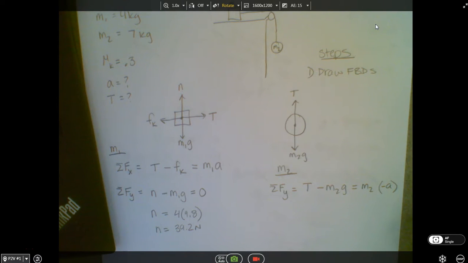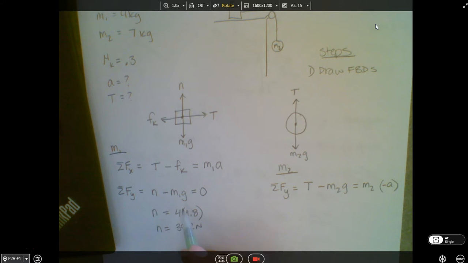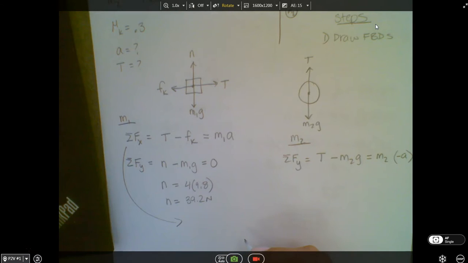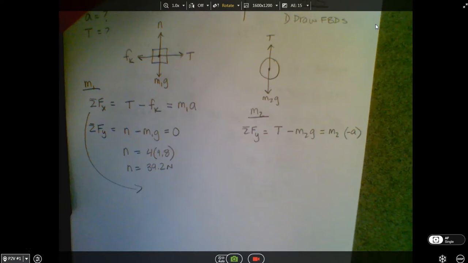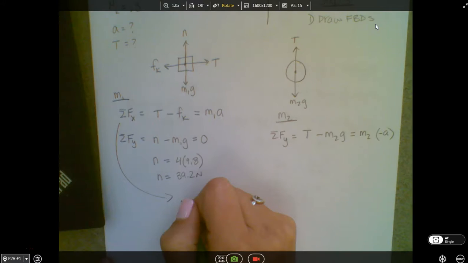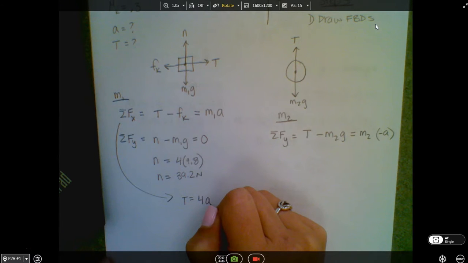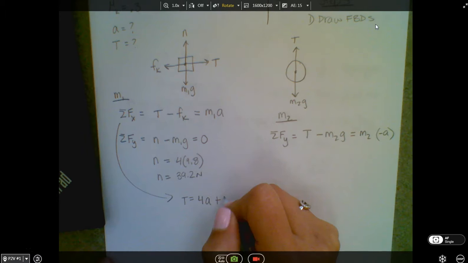Okay, so we've used this equation. Now we're looking for a and we're looking for T. So we have two equations with a and T in them. So I'm going to go ahead and rearrange this equation a little bit and just solve the equation for T. So I'm going to go T equals m1, which is 4, times a, plus the kinetic friction.